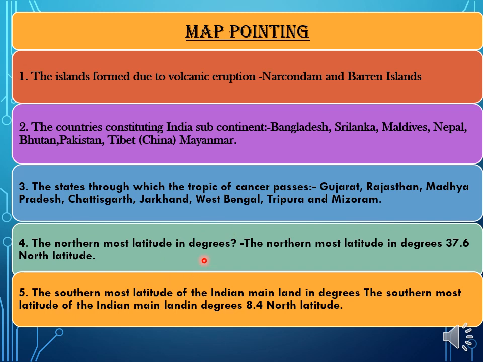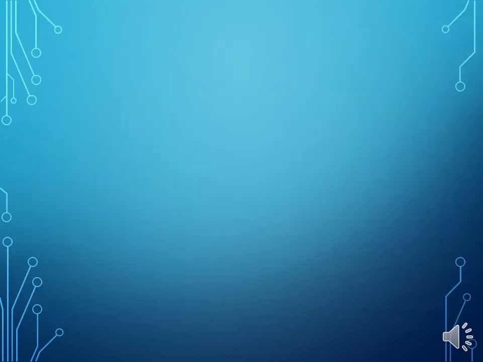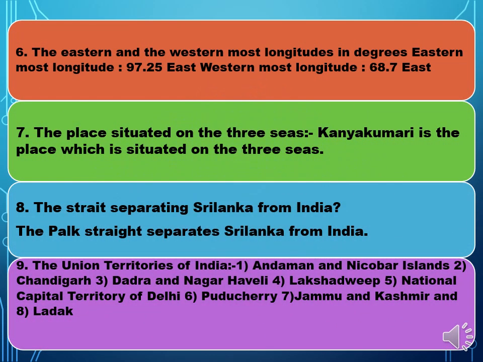The northernmost latitude in degrees is 37 degrees 6 minutes north latitude. The southernmost latitude of the Indian mainland is 8 degrees 4 minutes north latitude on the Indian map. The eastern and westernmost longitudes: when we learned about the location of India, it was already shown there.